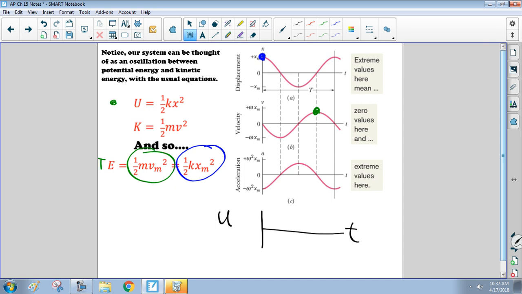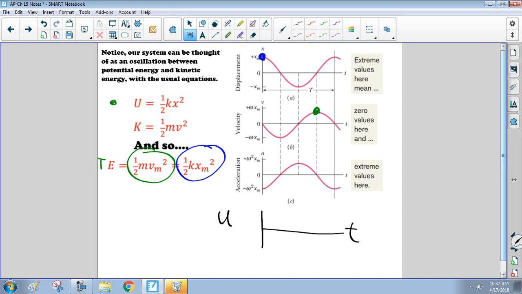Good? So, at what point is my potential energy going to be maximized?